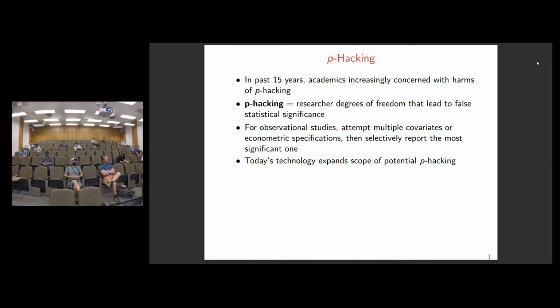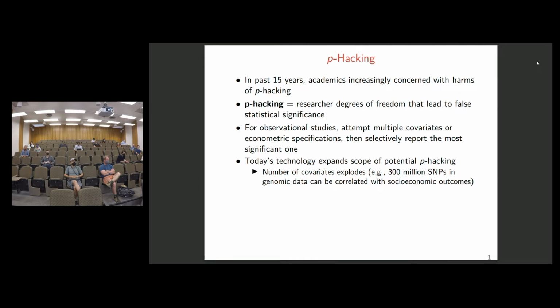Right? And there are reasons to believe that today's technology expands the scope for such potential p-hacking. Today we have large and very wide data sets that contain a very large number of covariates for each observation. For example, we have genomic data which contain, for each individual, not only their socioeconomic outcomes, but also their complete genetic sequence.